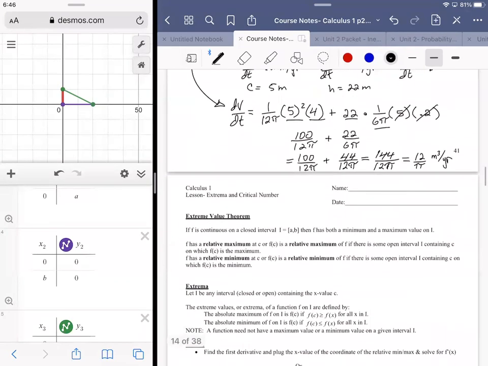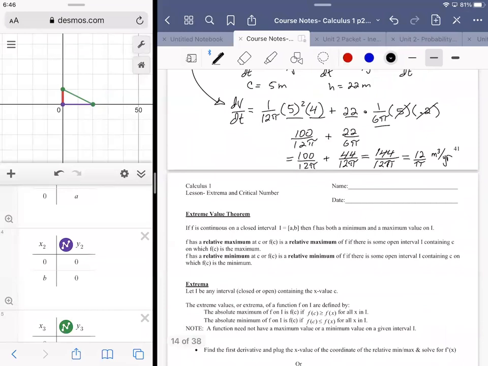So the extreme value theorem is telling us that if you have some kind of closed interval, meaning bookends to your function, a restricted domain, and along that domain there is a smooth continuous function, then that function has to have a maximum or a minimum somewhere along the line.